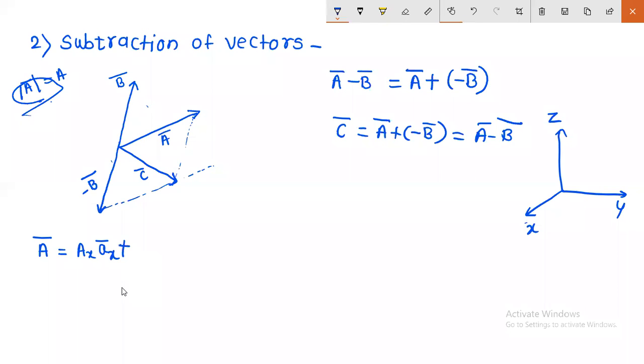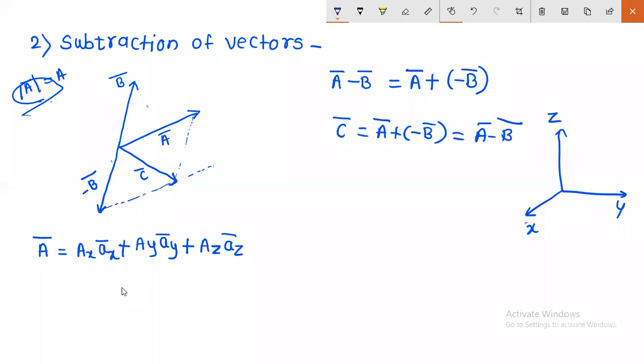So this is ay, meaning the magnitude of vector a bar in direction of y, that is ay into unit vector to give direction, that is a bar y. Similarly, you can write for z direction, that is az into unit vector a bar z.